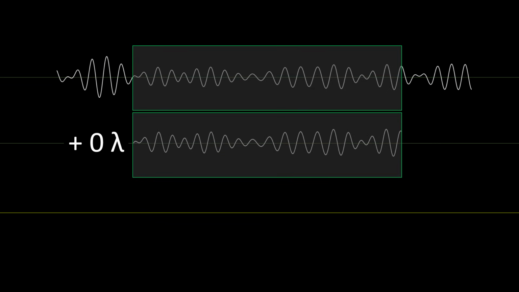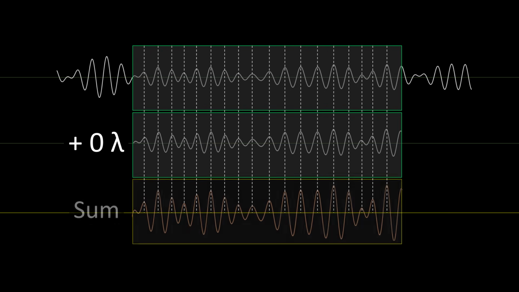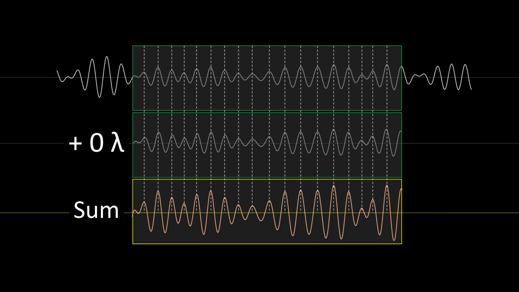And we'll start out with a situation where the 2 fields are perfectly aligned because they have both traveled the same distance. And this means that the 2 waves are exactly in phase everywhere in this segment. And so the sum of the field will have the highest amplitudes because every maximum and minimum of these 2 identical waves matches up exactly. By the way, not only in this segment, but everywhere in the rest of the wave.